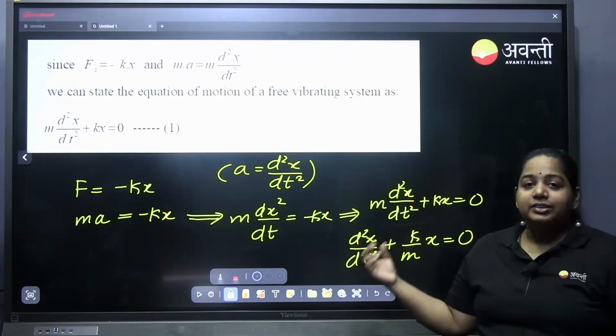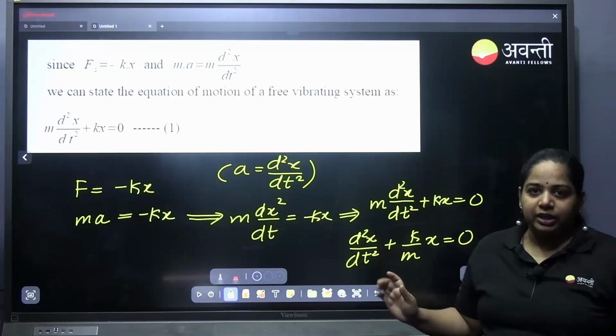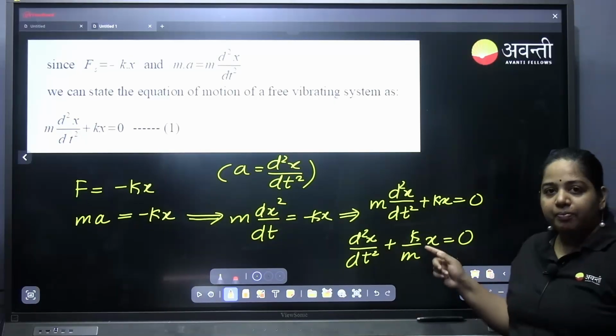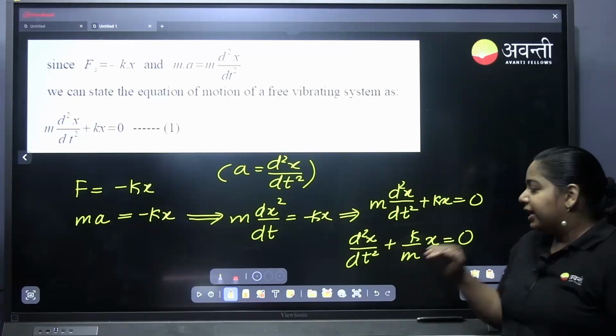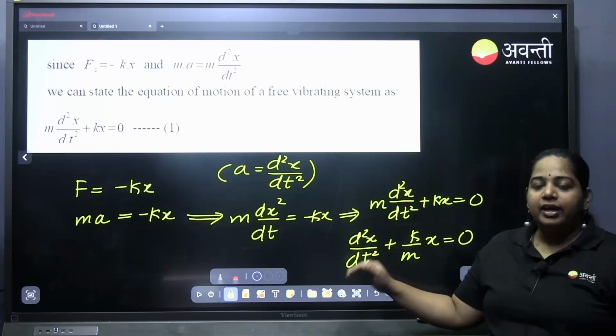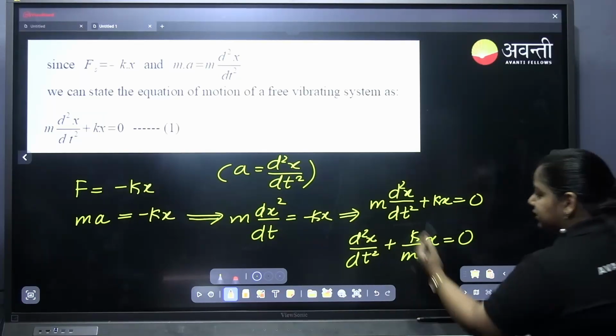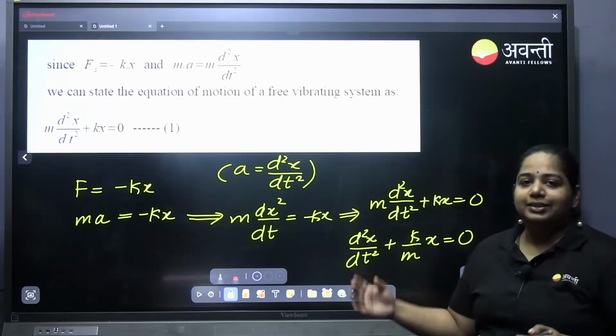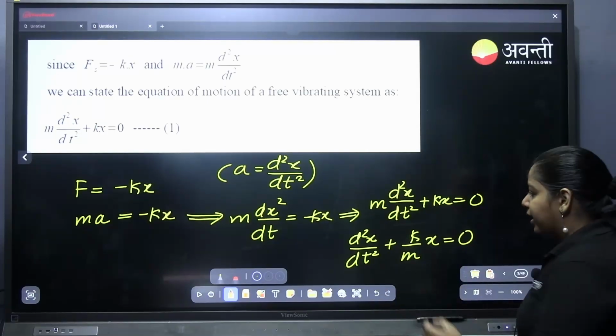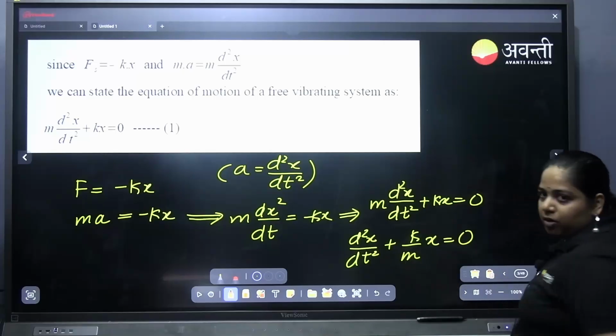So this is a second order differential equation in x, where the variable is x. This type of equation is called the equation of SHM. So all SHM have a similar equation. Here we can see that k by m is a constant.